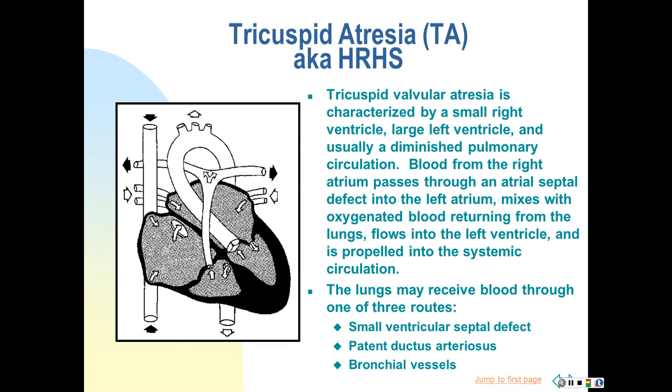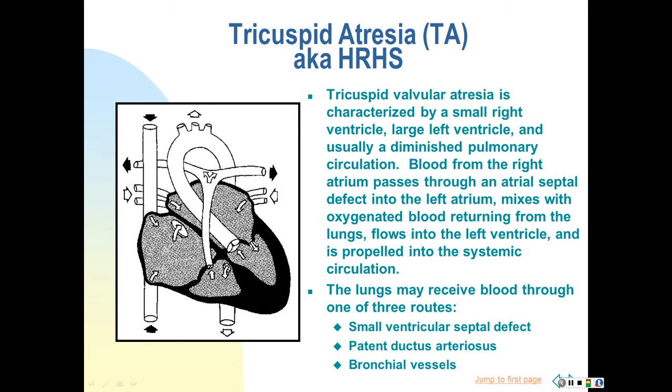The second type of defect that will decrease pulmonary blood flow is a tricuspid atresia. Tricuspid is the valve between the right atrium and right ventricle. So either it will be very narrowed or it won't be able to be used at all.